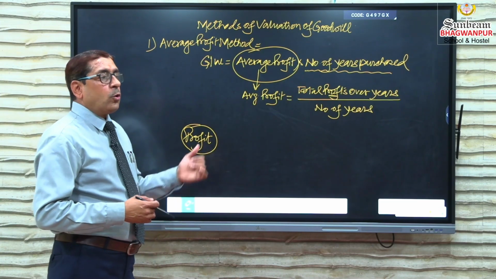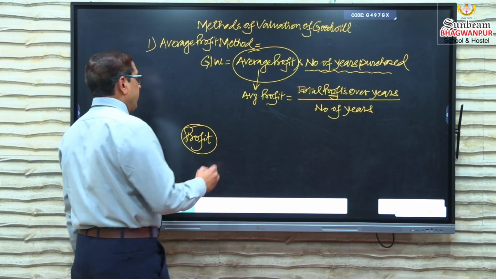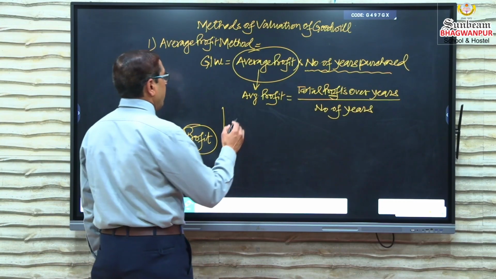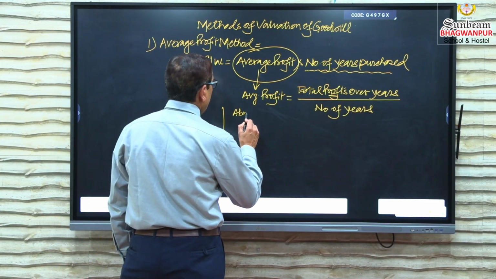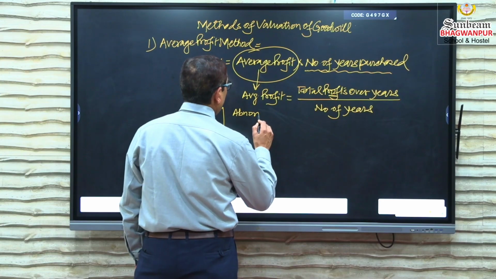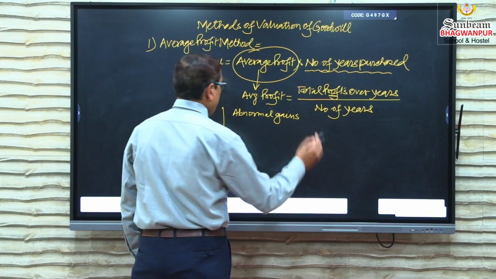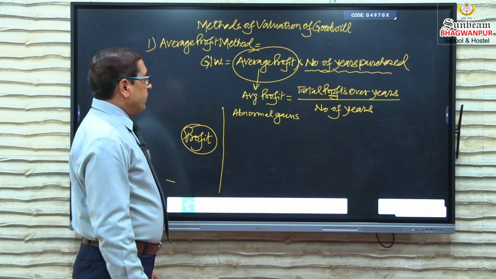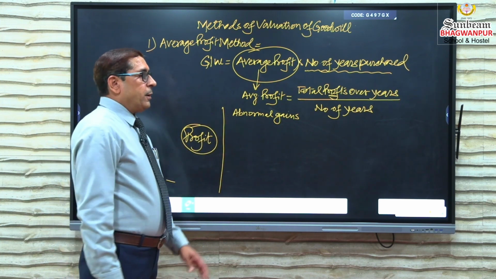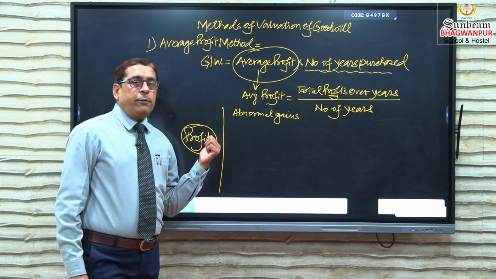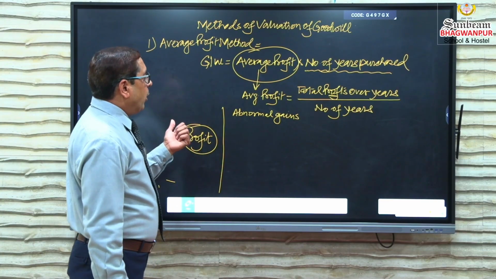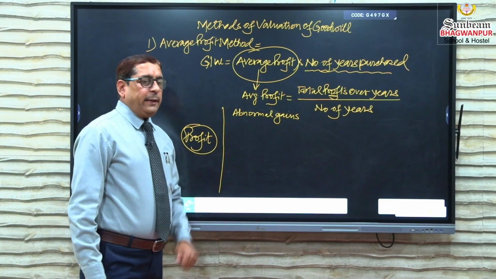But in the question, sometimes it is given that in the profit there was some abnormal gain. Then what to do? The information provided is that in that particular year's profit, there was abnormal gain.